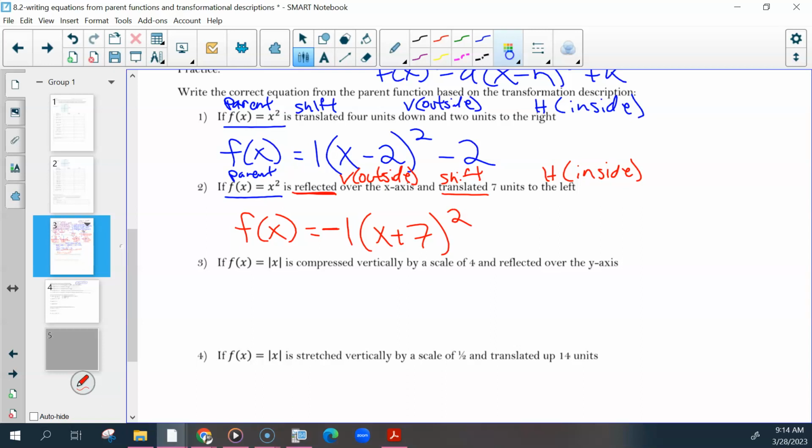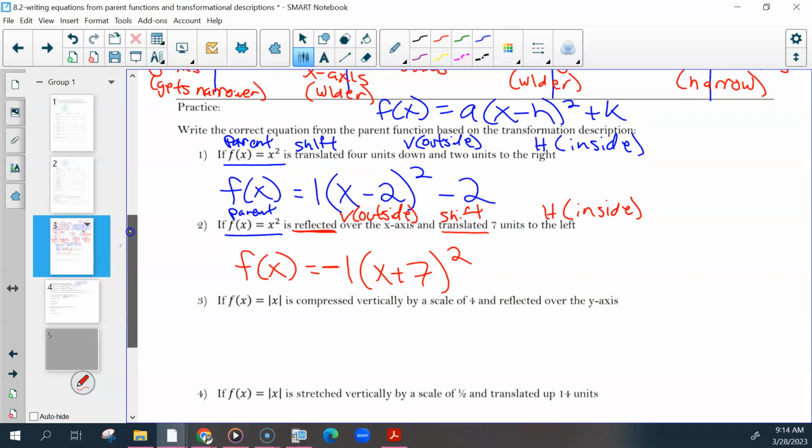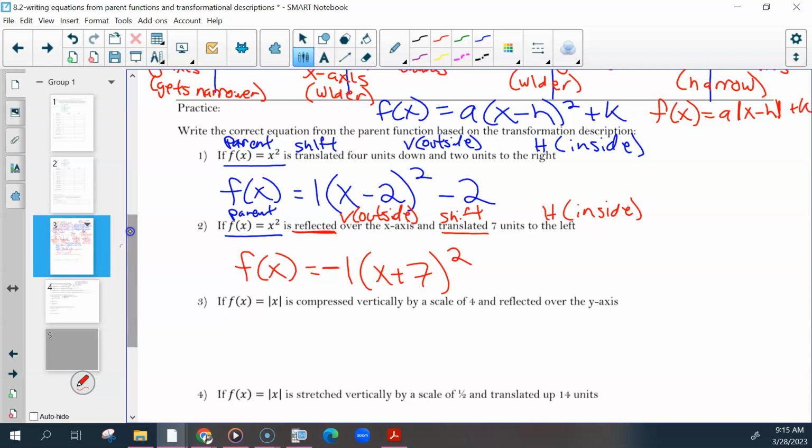Now we're going to switch it up just a little bit because the parent function is just going to change. Everything else stays the same except for, instead of it being squared out here, I'm going to rewrite this so it matches this. The inside would still be your absolute value bars, there's just not a square on the outside.